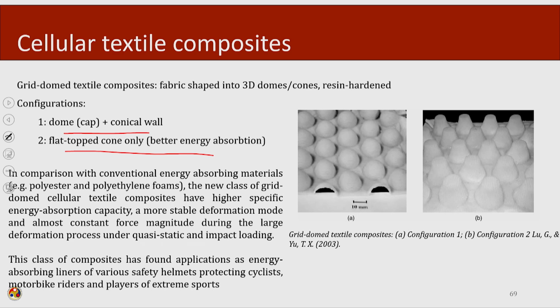When compared to conventional materials, this new class of cellular textiles has a higher specific energy capacity. This makes them comparable to the conventional ones and sometimes even better. It has a more stable deformation mode, which was our requirement for choosing better energy absorbing materials, and it has almost constant force magnitude during the large deformation process.